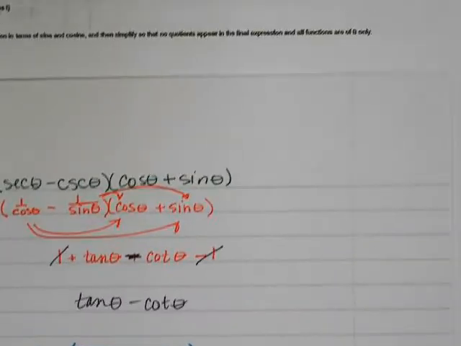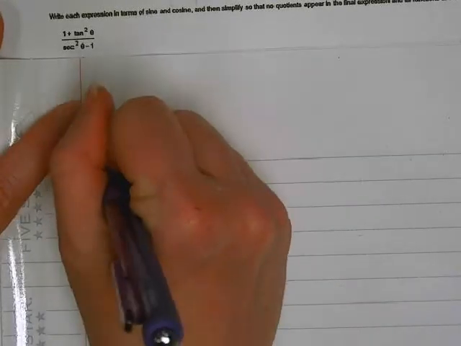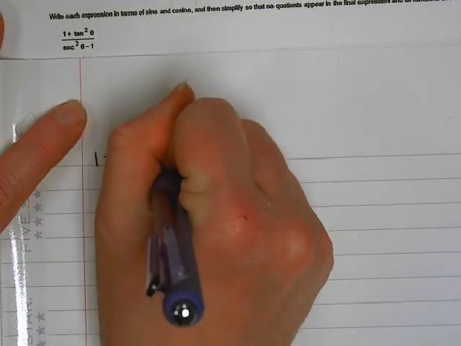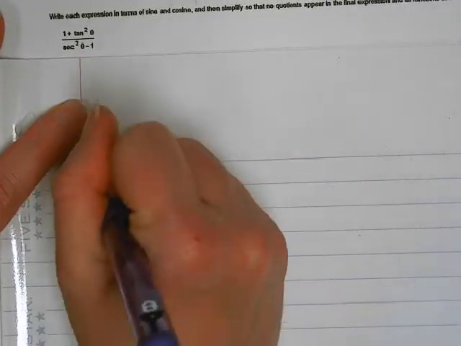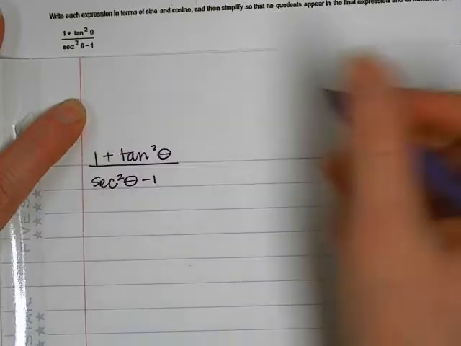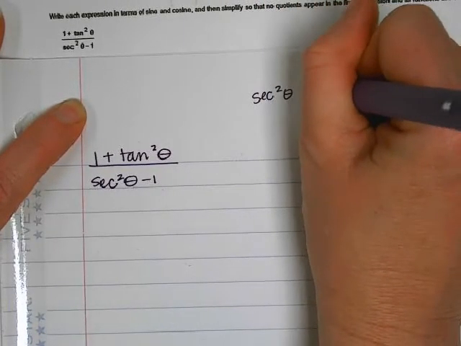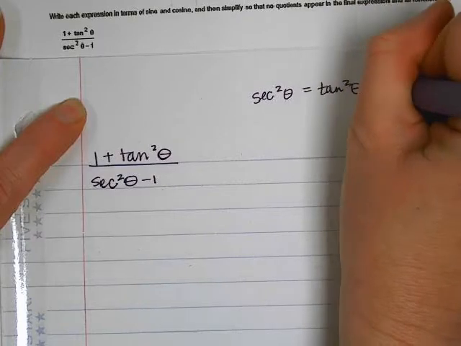All right, so the next one is 1 plus tangent squared. I'll write it down. 1 plus tangent squared is part of an identity, which is secant squared theta minus 1. So the identity itself is secant squared theta equals tangent squared theta plus 1, but that's the same thing as this.